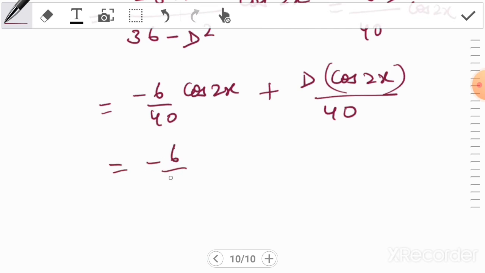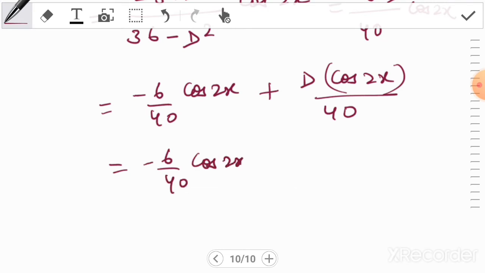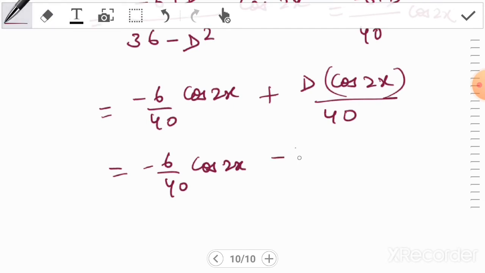So, leave it like this, minus 6 by 40 cos 2x plus, the derivative of cos 2x is minus 2 sin 2x, so minus 2 sin 2x by 40.